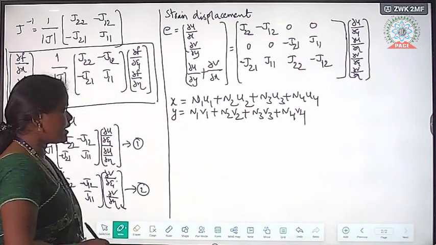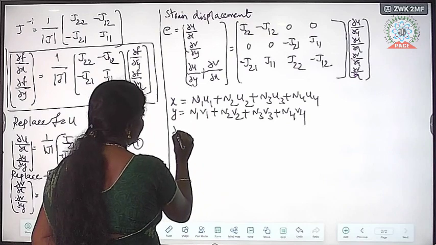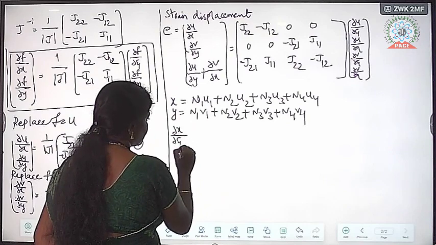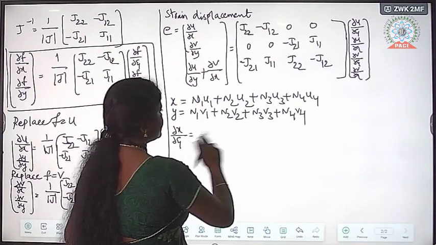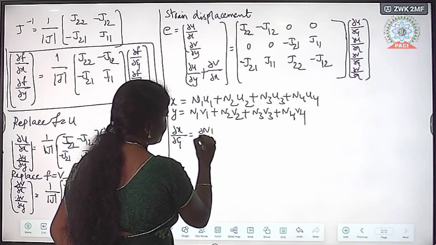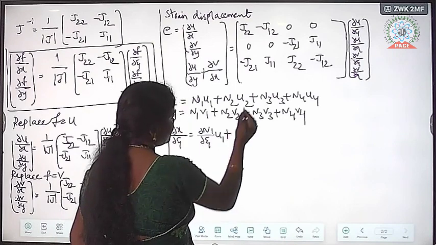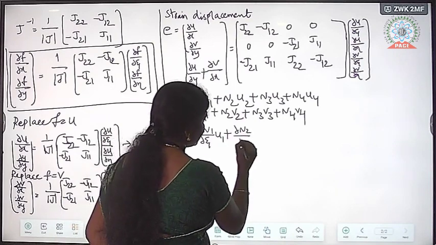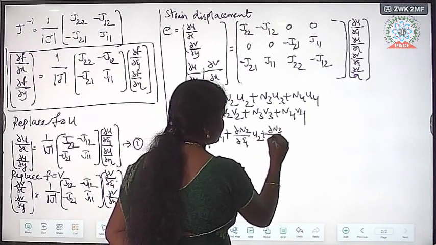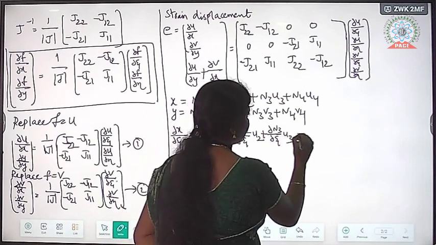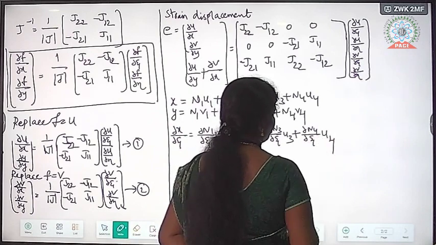For this we have to write in terms of the xi and eta parameters. With respect to xi, dou x by dou xi is equal to the partial derivative of all the terms: dou N1 by dou xi into u1 plus dou N2 by dou xi into u2 plus dou N3 by dou xi into u3 plus dou N4 by dou xi into u4.